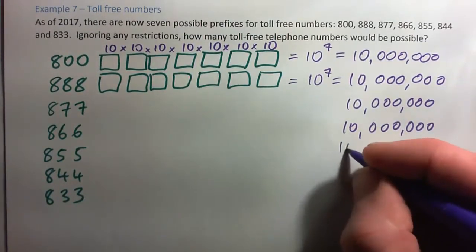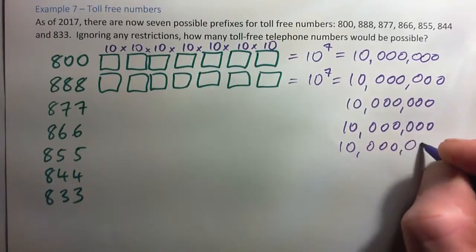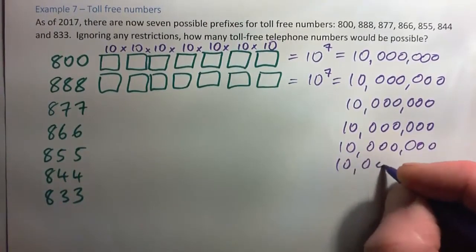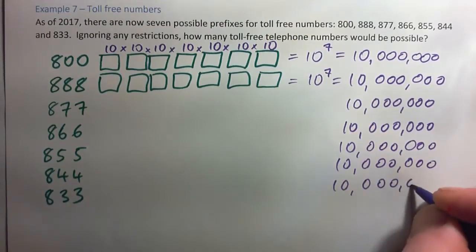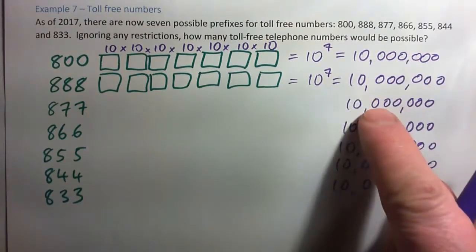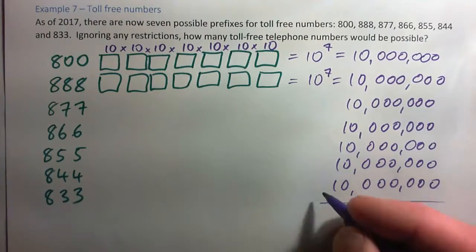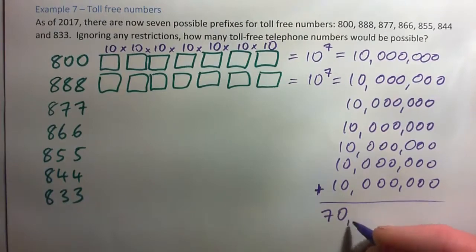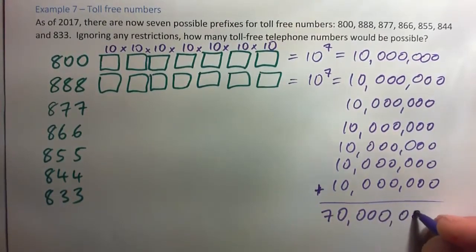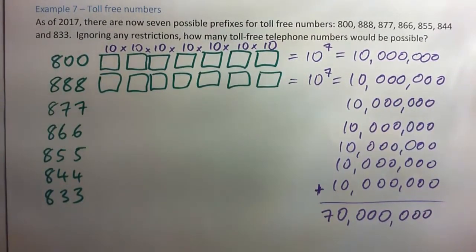Again, 10 million options, 10 million options, 10 million options. 3, 4, 5, 6, 7. And just as a tiny factoid, I think there's about 120 million phone numbers in the USA. So that gives us 70 million possible toll-free numbers using these prefixes.